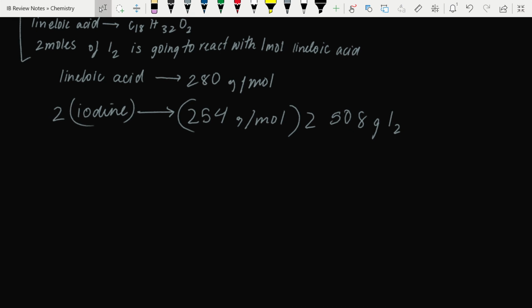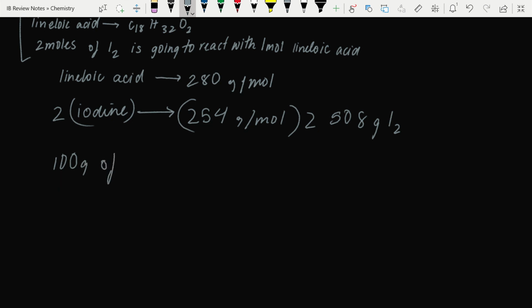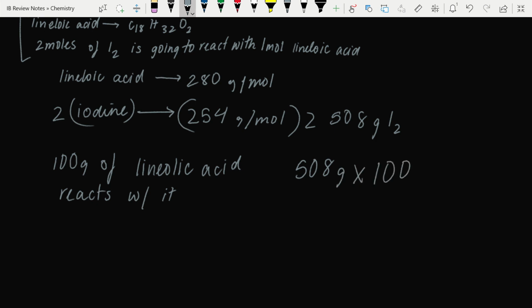And then to calculate the final iodine number, we're going to say that 100 grams of linoleic acid reacts with it. So you do 508 grams, which is your iodine, times 100, the grams of linoleic acid, over 280 grams, which is what you got from the molar mass.